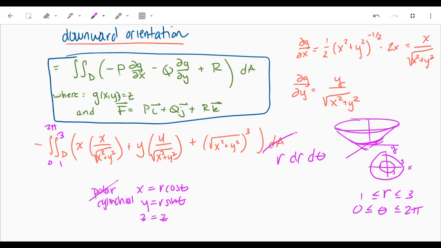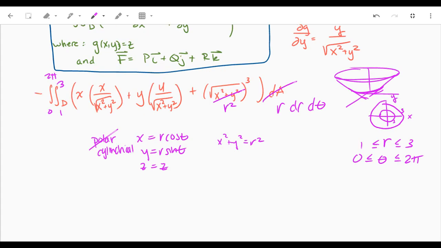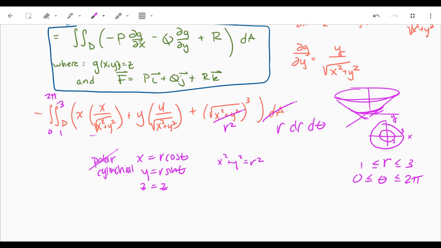Okay, so it's not that hard to do though with this, because we know that x squared plus y squared is r squared. So the square root of r squared cubed would just be an r cubed. And then what's going to work out here is that the x and y pieces, when we put those together, they have a common denominator, so they just become x squared plus y squared over the square root of x squared plus y squared. So we've got r squared over r, which is just r.